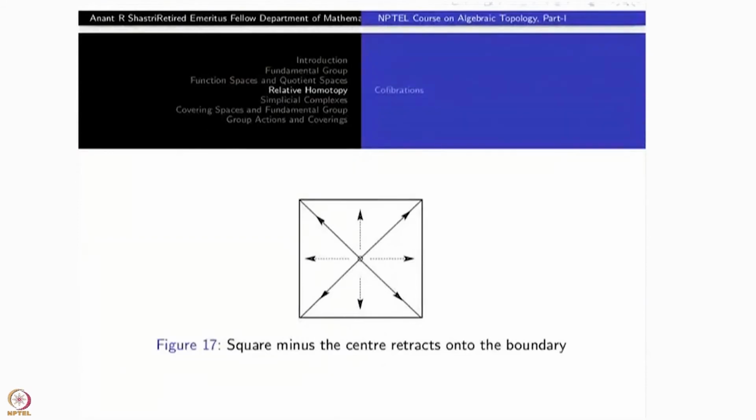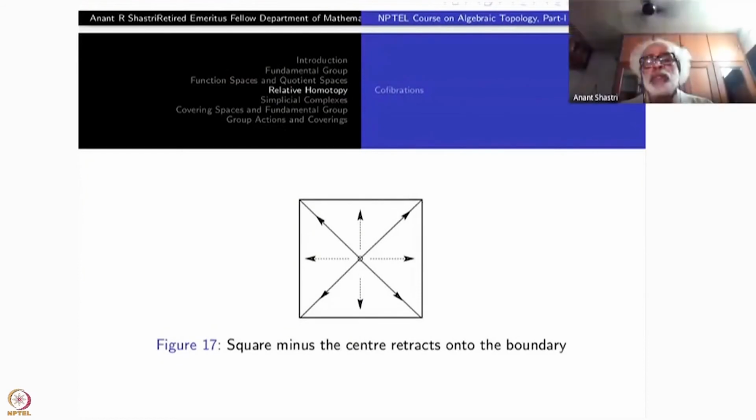Because the square has 4 corners, I divided the whole thing into 4 equal parts, the 4 triangles. Then in each triangle, I can write down a simple formula. On the intersection of 2 nearby triangles, namely on this line, the 2 formulas will agree.